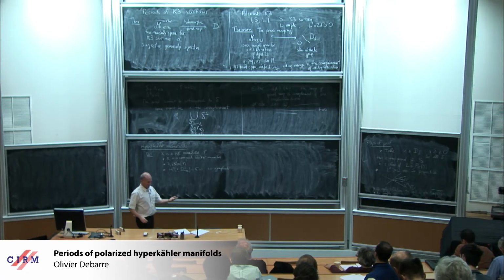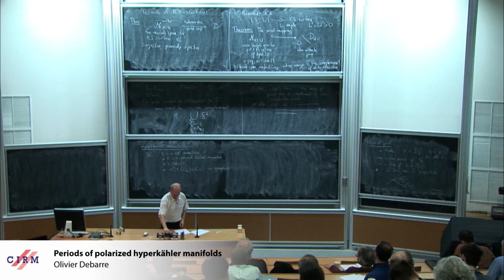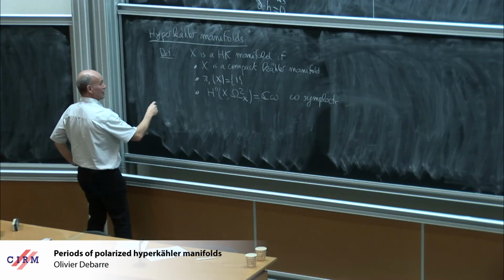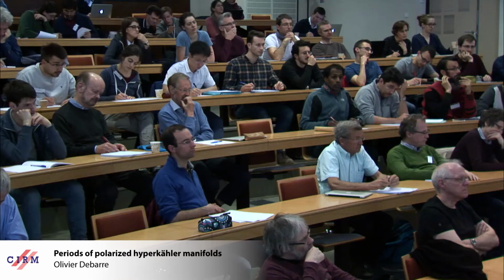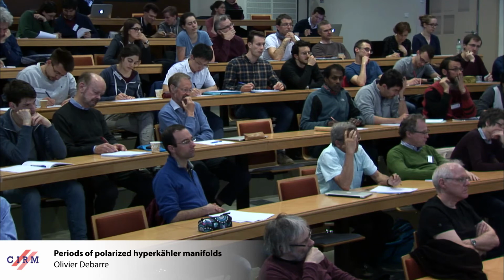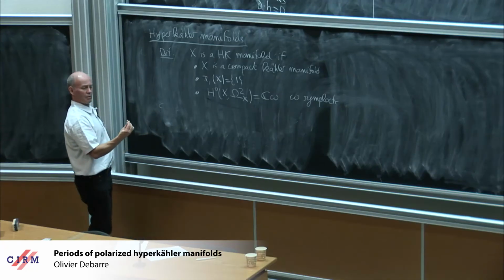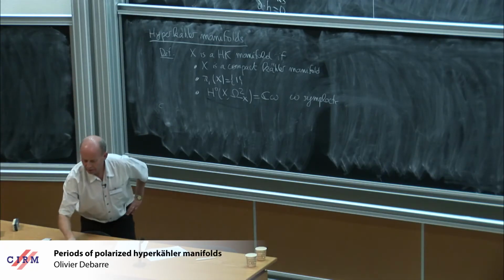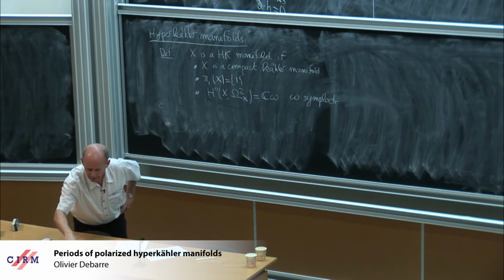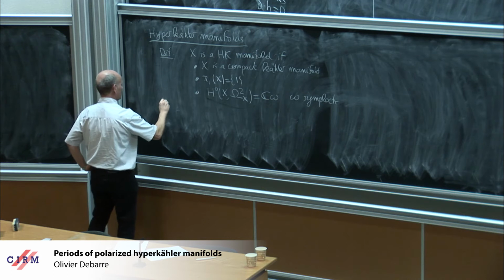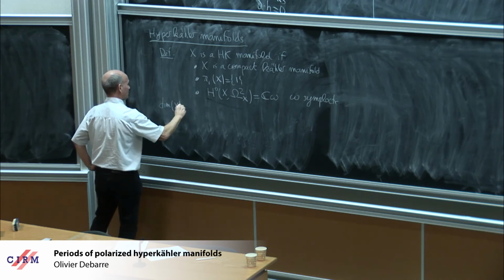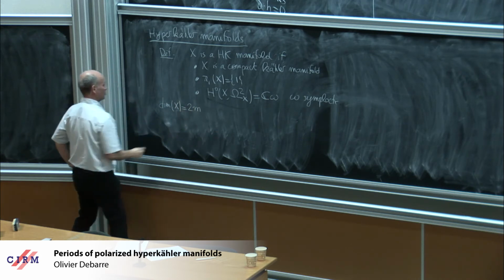Okay, so in dimension 2, these are K3 surfaces, and so they exist in any even dimension, because the existence of this symplectic form forces the dimension to be even. Okay, so the dimension of X we usually write as 2m.